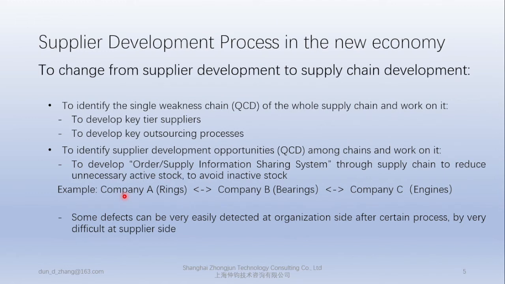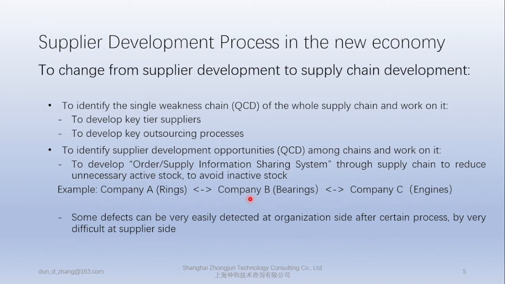But as you know, if you are in a bearing company, after grinding, it's much easier to detect the cracks. Normally the grinding happens at the bearing company. So if you move this detection to the bearing company, after grinding, it's much easier and it saves the cost of the chain.